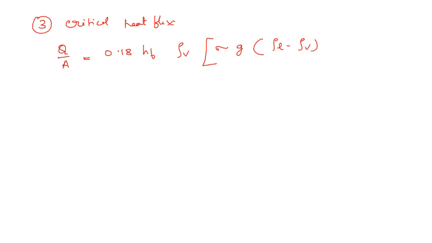To find out the critical heat flux, at the critical heat flux, there will be burnout of the burner that takes place. We have the formula Q by A is equal to 0.18 HFG into rho V, and surface tension G into rho L minus rho V divided by rho V to the power 0.25. So Q by A is equal to 0.18.